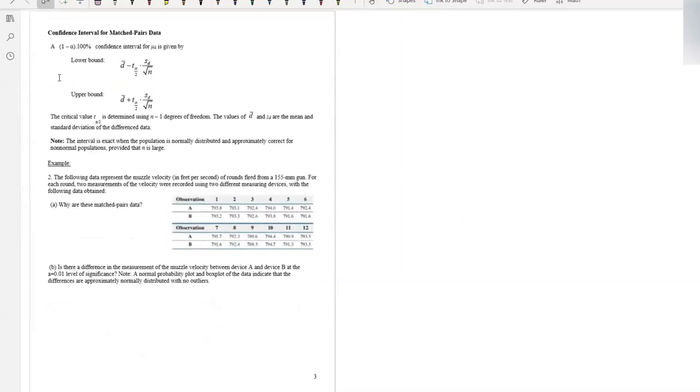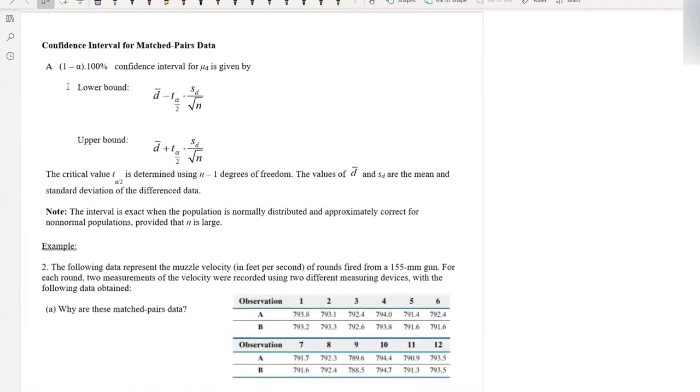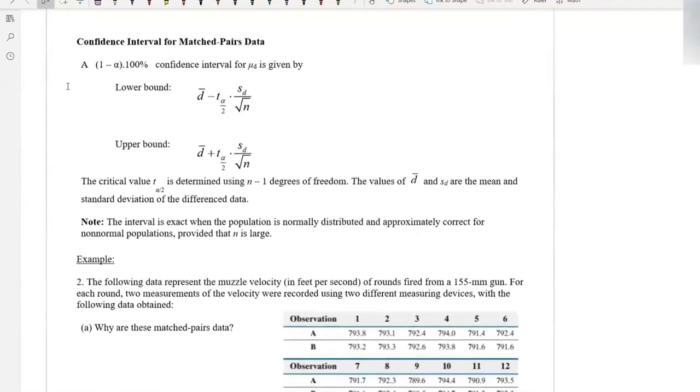You know, next part, here we want to construct a confidence interval. Again, we have to find lower bound and upper bound based on what alpha is, or you may have the confidence level. So 1 minus alpha multiplied by 100%.